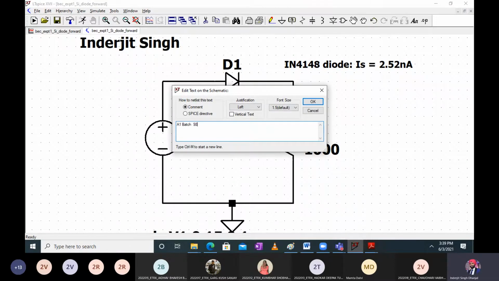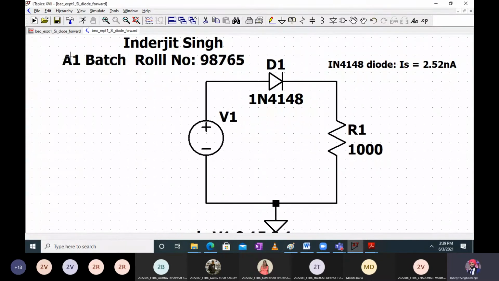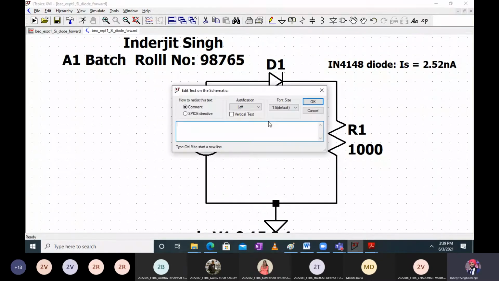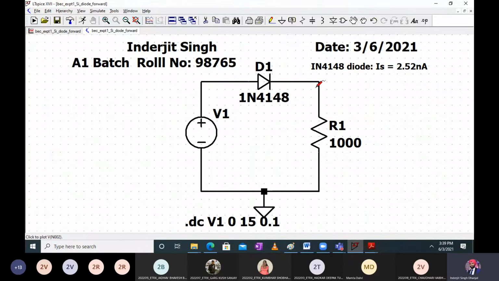Let's say my roll number is 9876. Always it's a good practice to do that. Then I can write date of performance also. Today is 3rd June, right? 3/6/2021. So do this for all the labs.